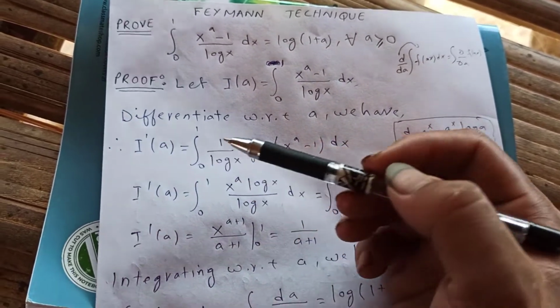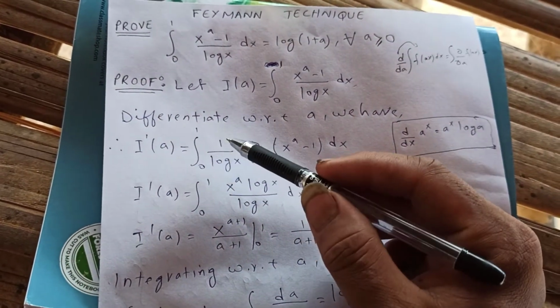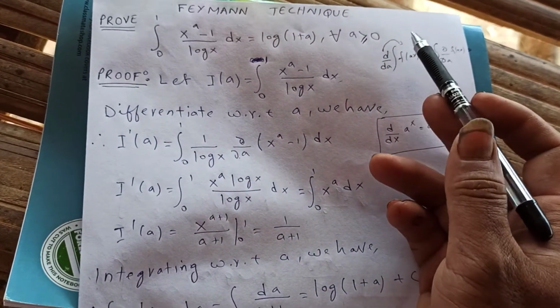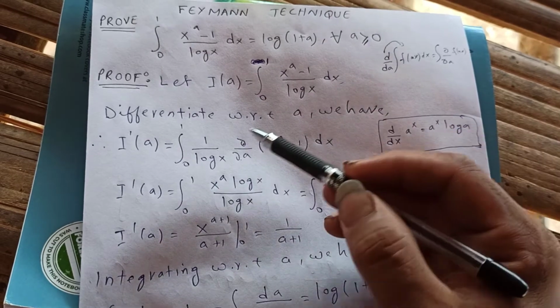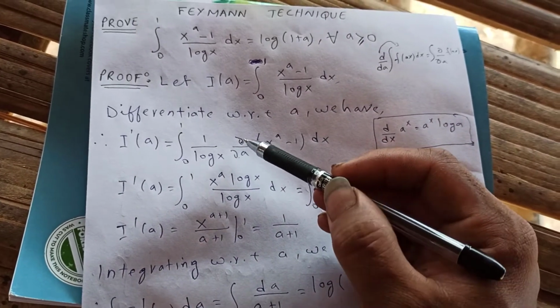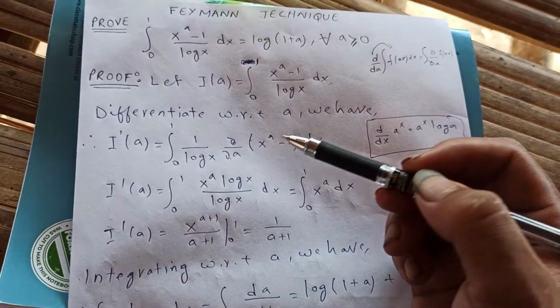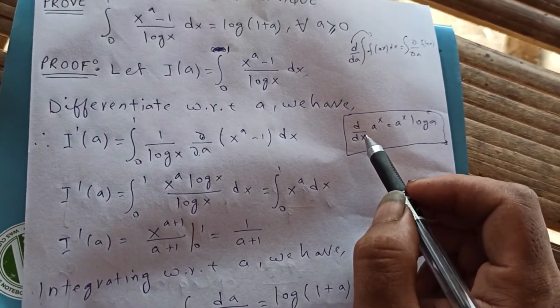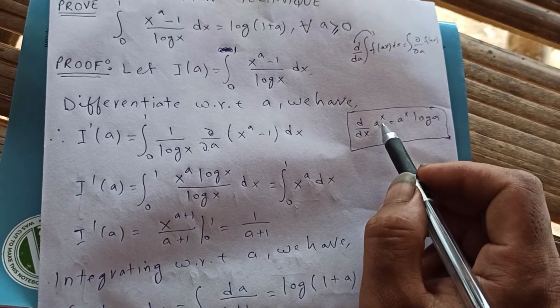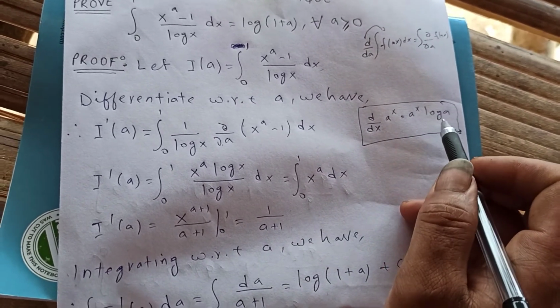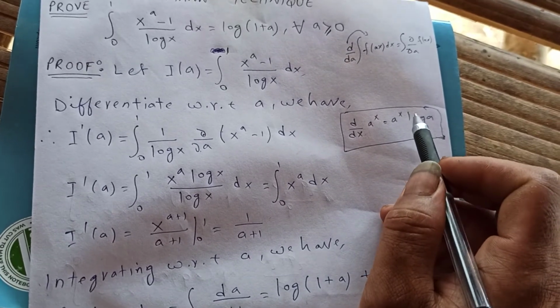That is the integral from 0 to 1 over log x of the partial derivative of (x^a minus 1) with respect to a. We note that the differentiation of a^x, where a is constant, is nothing but a^x times log a. This is very useful.